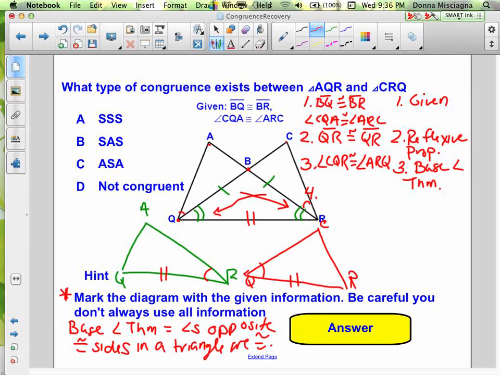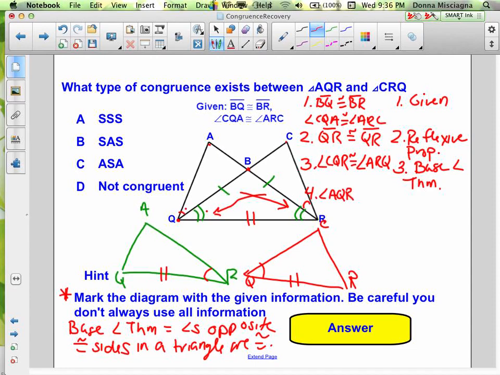Notice that angle Q here is formed by these two angles. So the angle in my triangle that I need, angle AQR, it sounds like a mouthful.